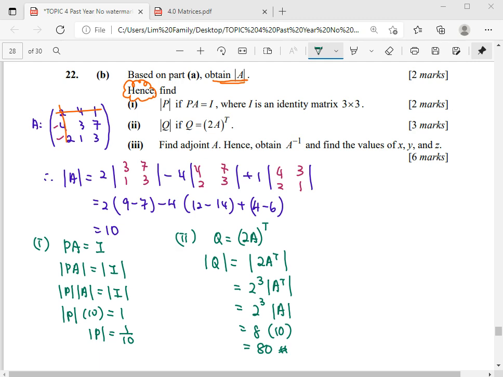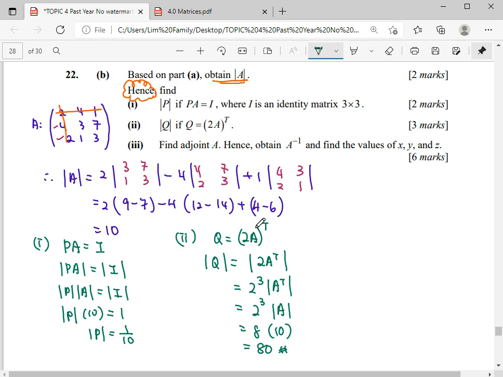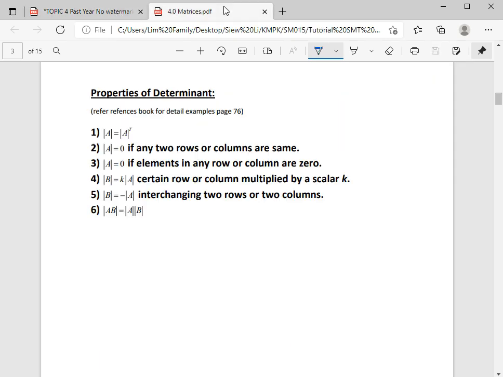Okay, so we can explain it using our notes here. You can see what the properties are. The first one, the determinant of A is equal to the determinant of A transpose, which we applied here. This is our first property. This one, an element or column of 0 gives determinant 0; they didn't test us on this.